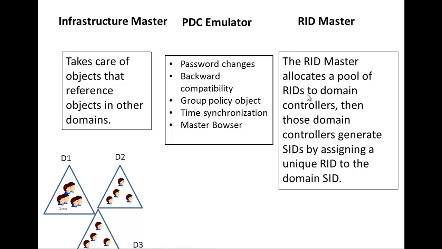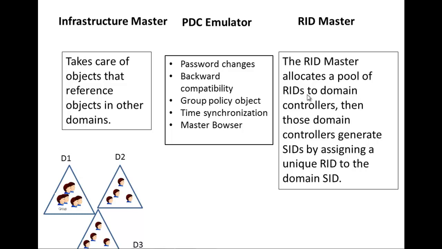Now, even though we say that the infrastructure master, the PDC emulator, and the RID master have to be on every domain in the forest, each can only be on one domain controller within the domain, but the role itself has to be on every domain.